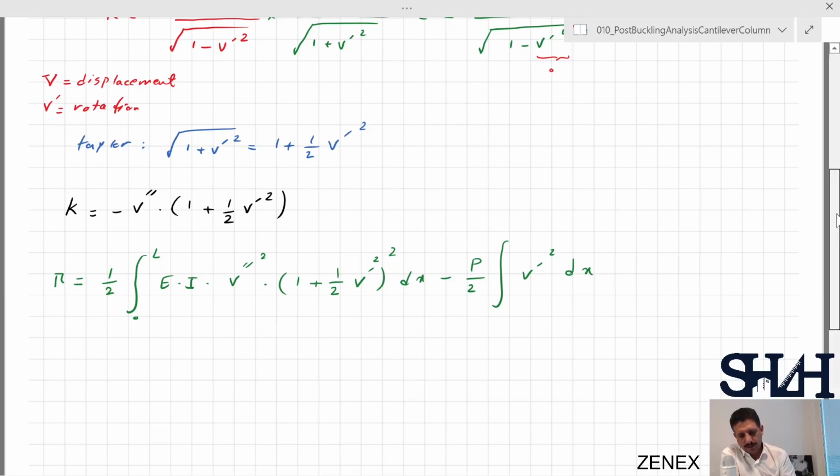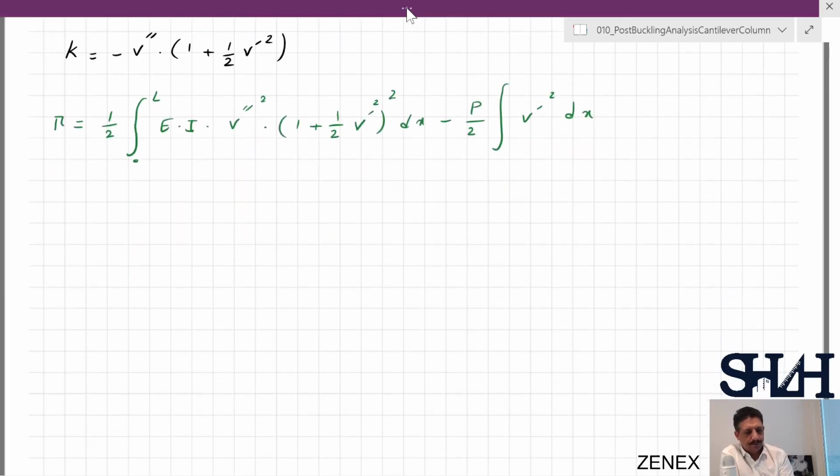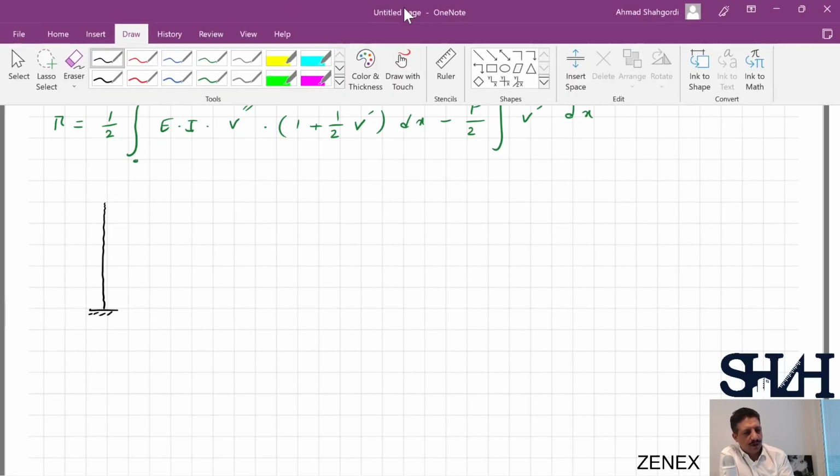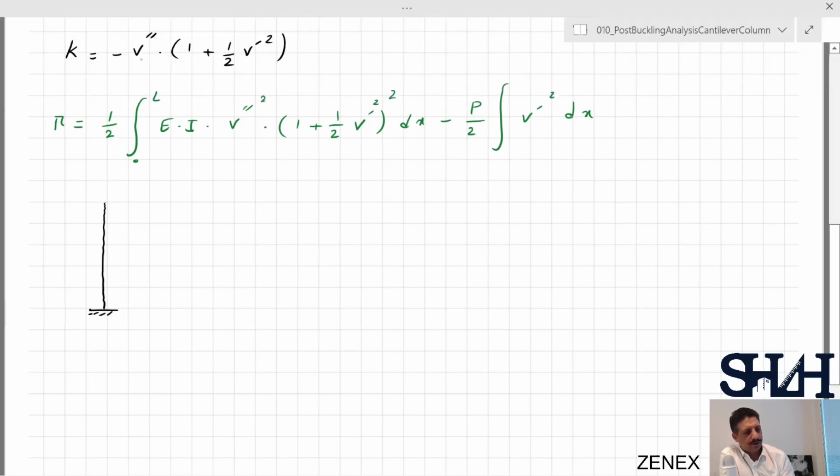Now, to calculate this integration, we can assume after buckling what kind of buckling shape we will have. So we know that the buckling shape will be for a cantilever like the dashed line, and P critical is pi squared EI over (2L) to the power of 2.